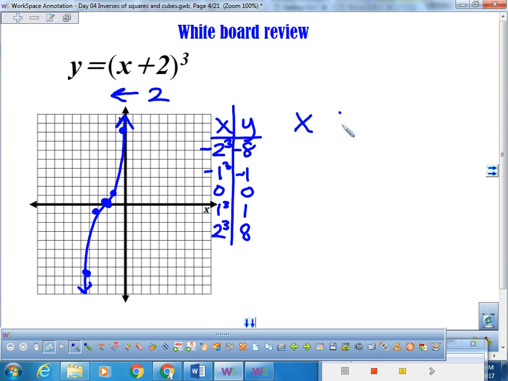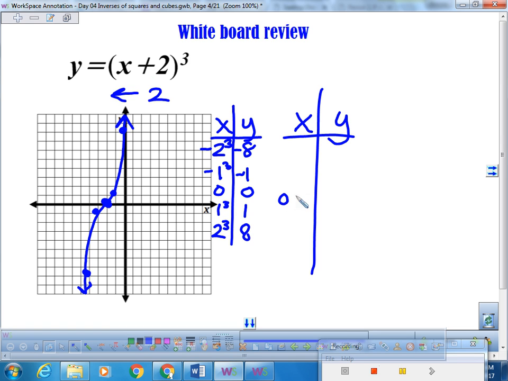If I wanted 0, I would take 0, I would add 2, and then I would cube it. So 0 plus 2 is 2, cubed is 8.